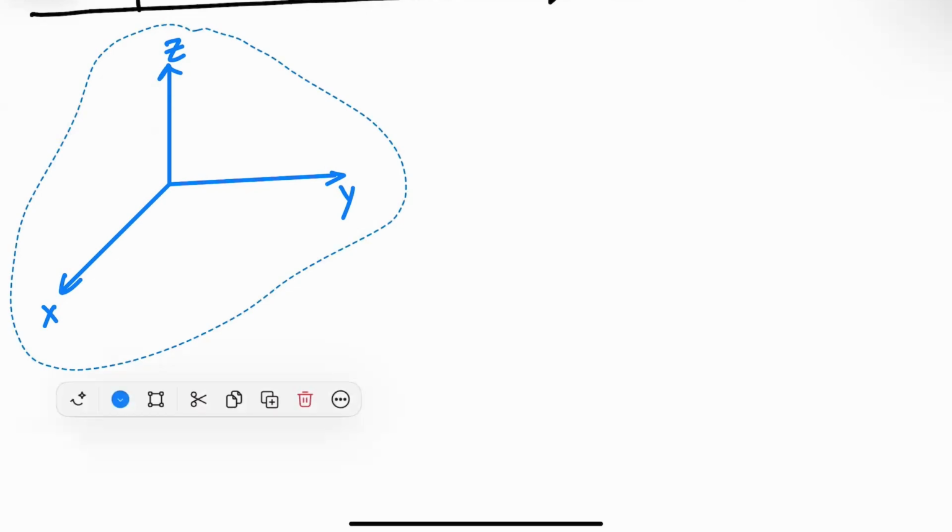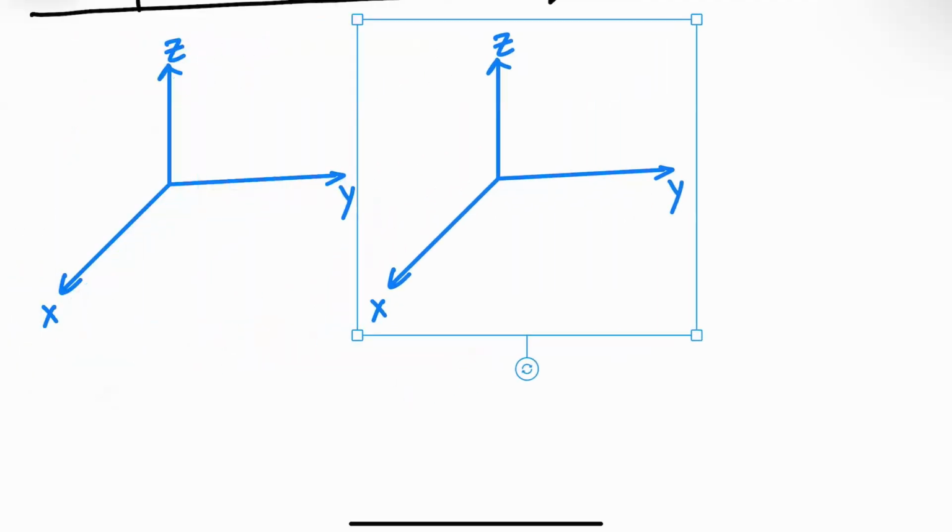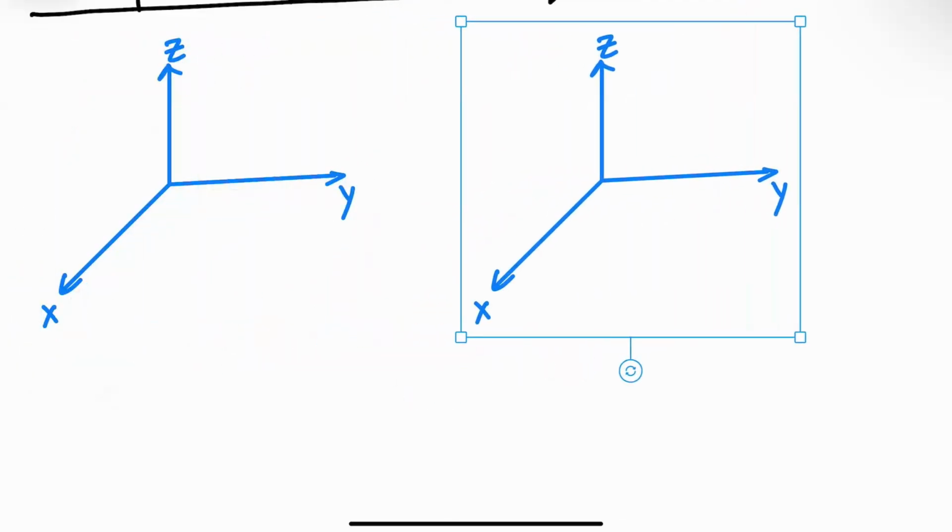So I have some kind of coordinate system X, Y, Z. Right, so I have one case. Let me actually make copies of this. Say I have something here.